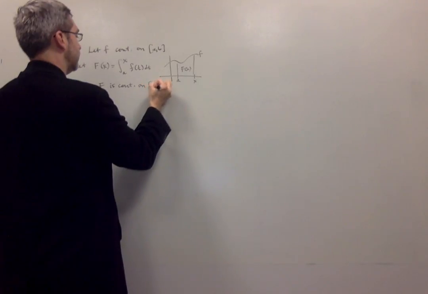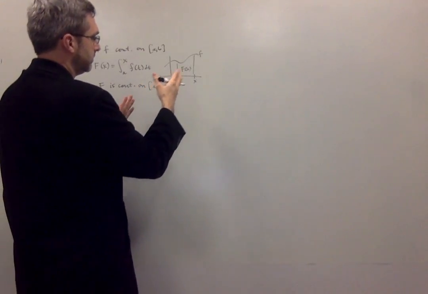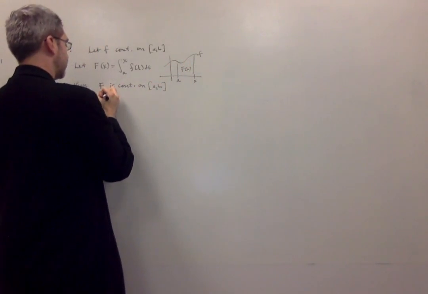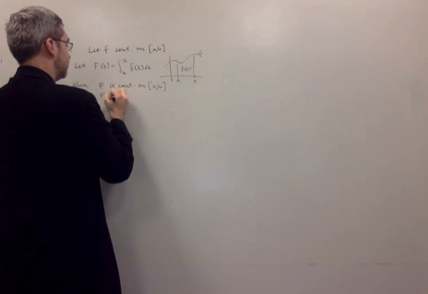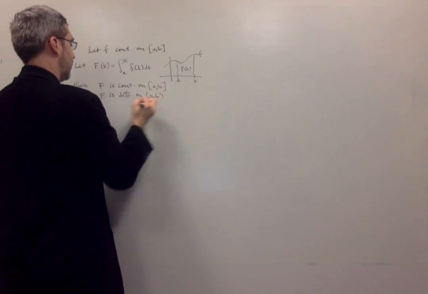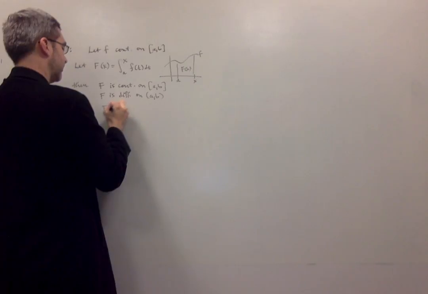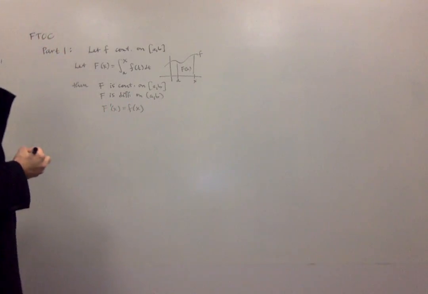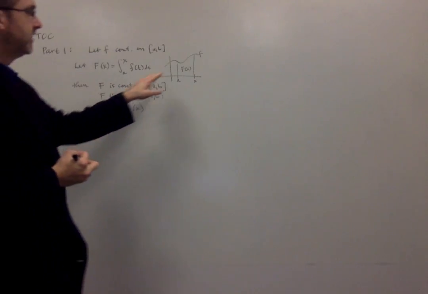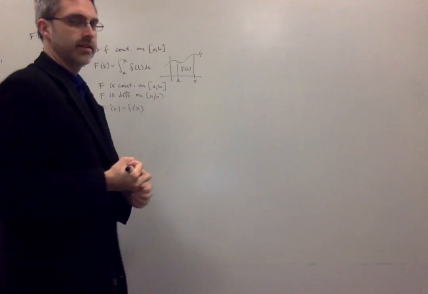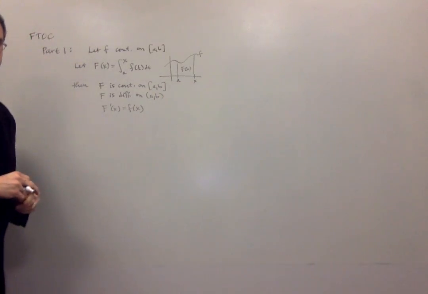It's actually a continuous function, which kind of should make sense. If this function is continuous, then as we're adding area, that should be continuous. But it's actually differentiable, and the derivative is the original function. How fast this area function changes is directly related. It is the height of the original function.